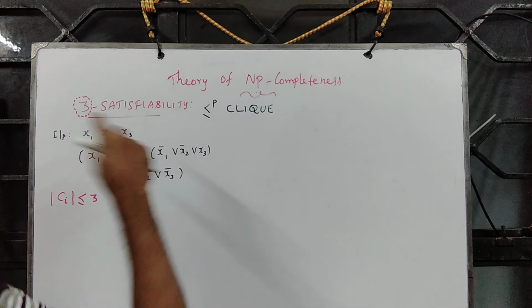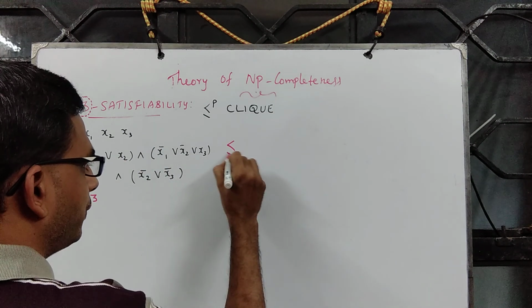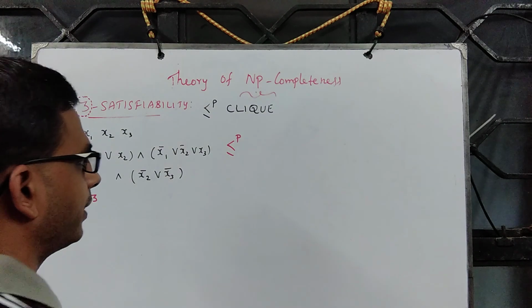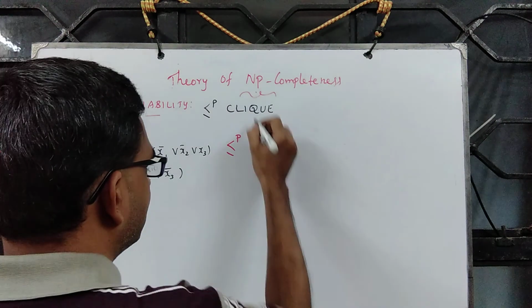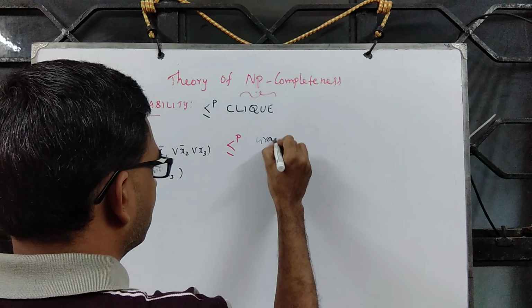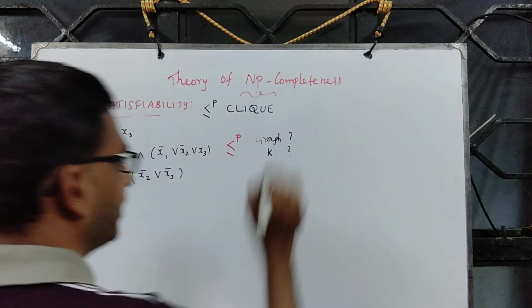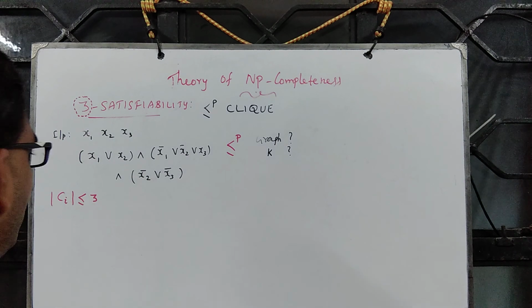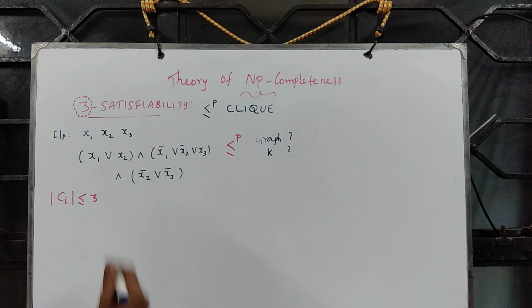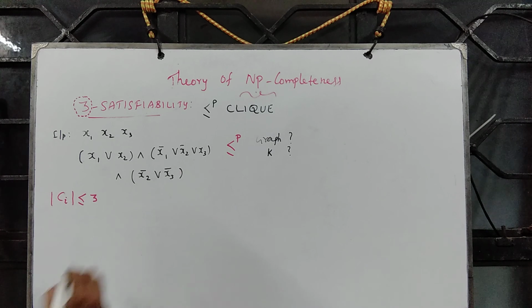Now an instance like this, we want to reduce to a graph theoretic problem. So how do we create the graph, and what is our parameter k? Is this a yes instance?